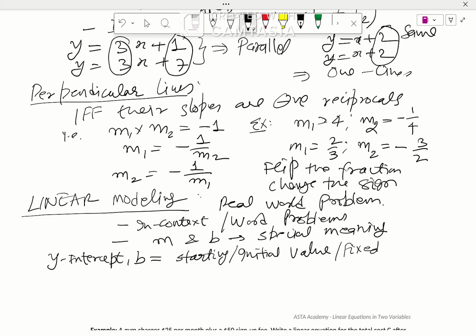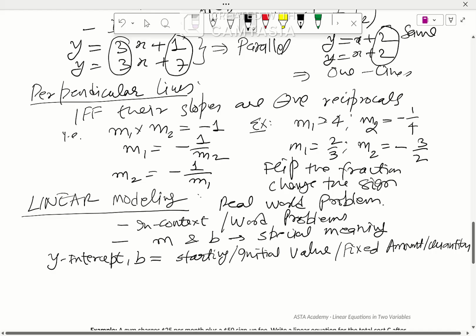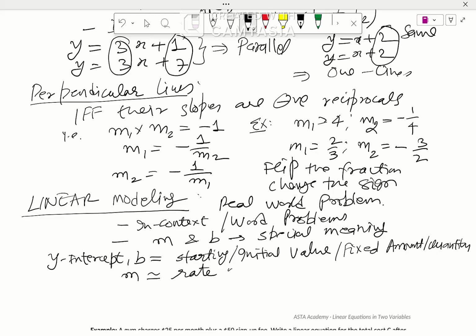So if you read a sentence which talks about certain fixed amount or some initial value, some starting value, that is equivalent to the y-intercept or b. What is the slope? Slope will be the rate of change per unit of another quantity. You may have cost, you may have speed, depending upon the context, you may have different situations.